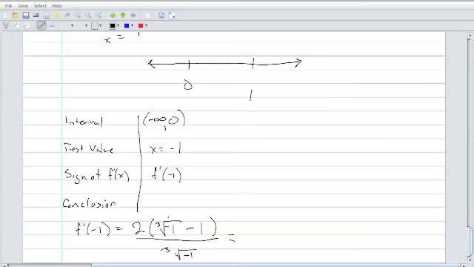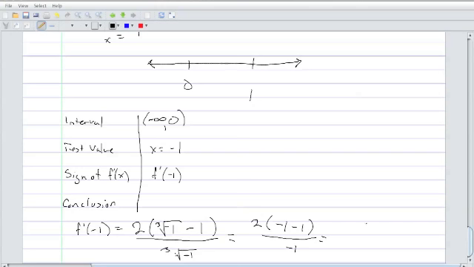Now here, the cube root of negative 1 is just going to be negative 1. So 2 times negative 1 minus 1 over negative 1. That's going to be a minus 2.